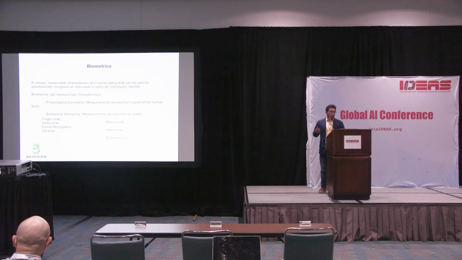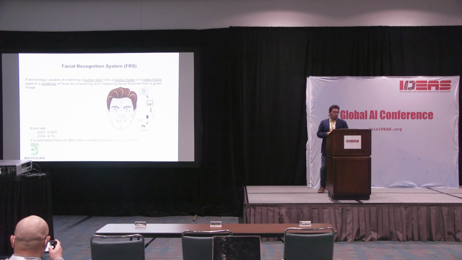The measurements are derived from the human parts, like eyes or hands or face, or it could be behavioral. It depends on what kind of action you're doing. Some examples you may know about are finger scan, voice detection, facial recognition, iris, retina, hand, and signature recognition. These are the examples.